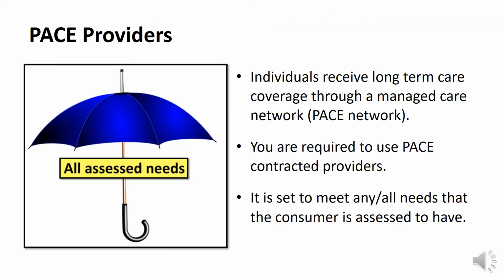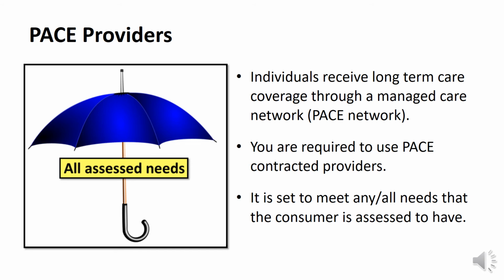PACE providers. Individuals receive long-term care coverage through a managed care network, which is a PACE network. You are required to use PACE contracted providers, and it is set to meet any and all needs that the consumer is assessed to have. So PACE is really kind of in between HCBS services, where you get all your services at home, and a nursing home, where you get all your services at the institution.